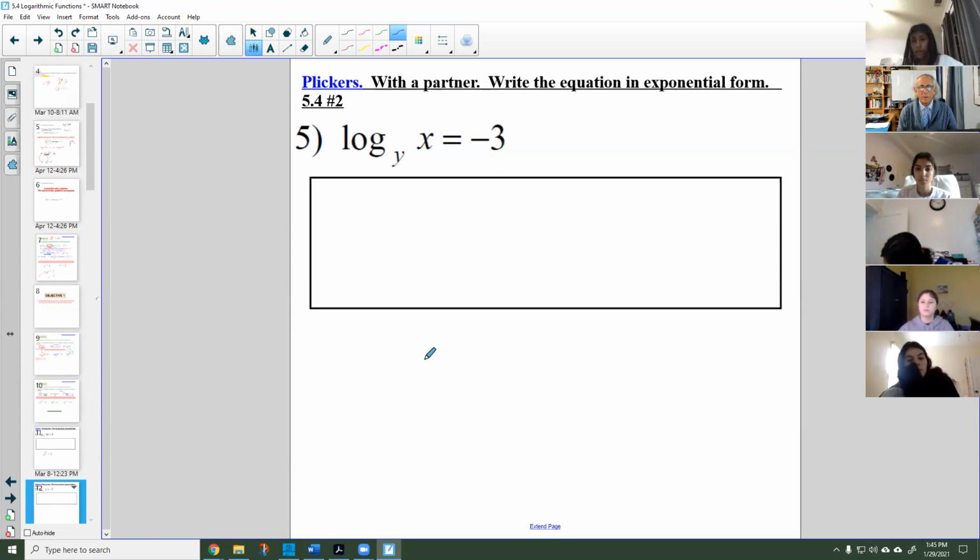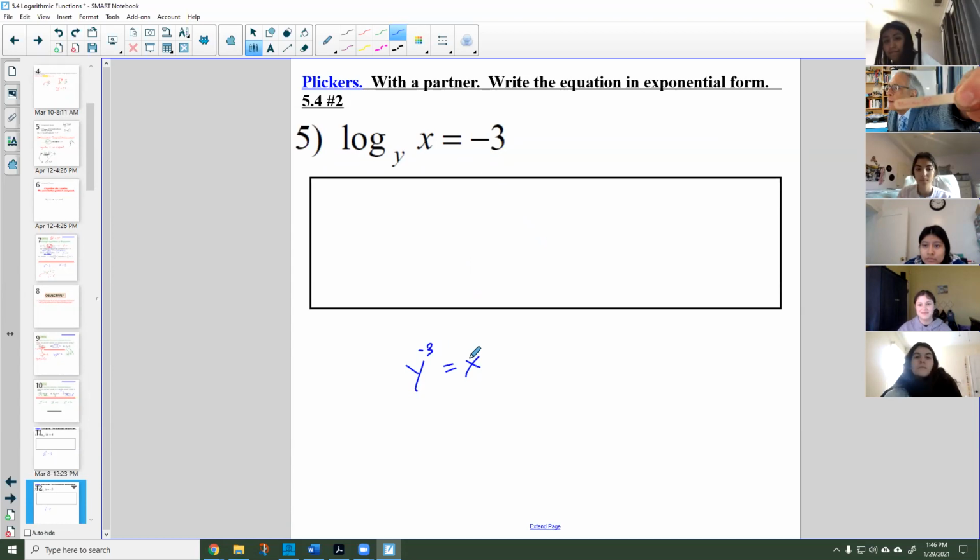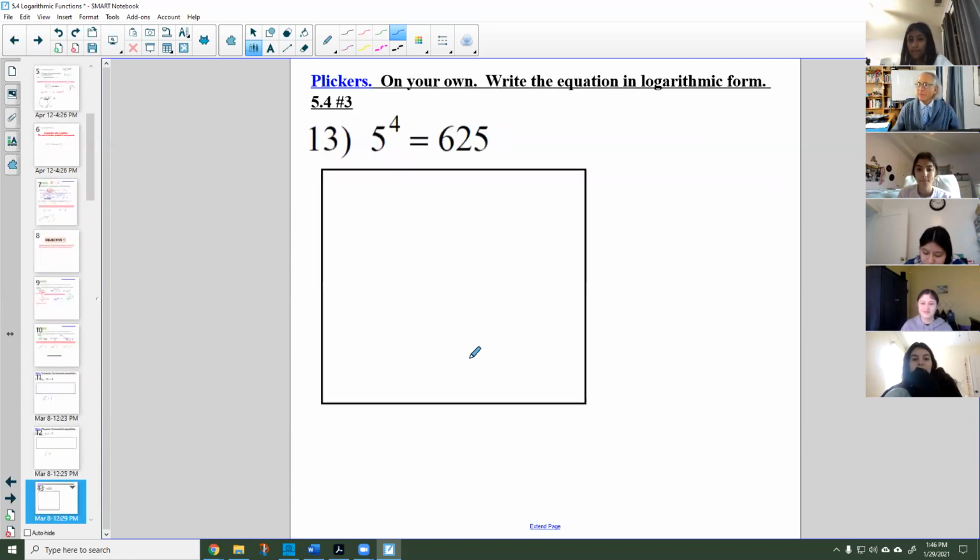Yeah, I got y to the power of -3 is equal to x. That's excellent. That's right. You have a little cat on your card that looks very similar to my cat. I have a feeling though that you're probably a better artist than I am. That's my guess.